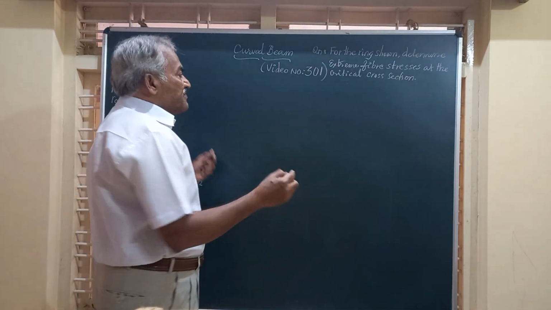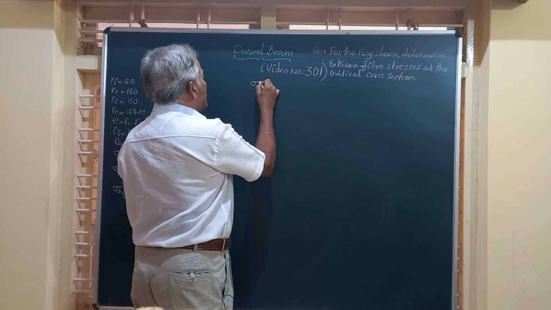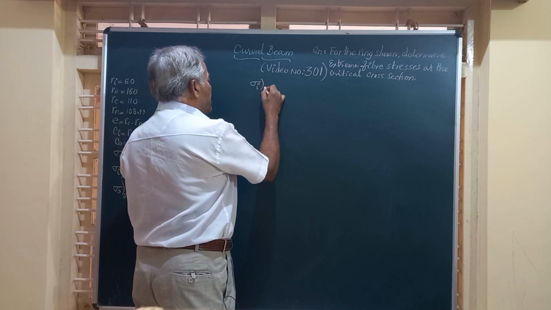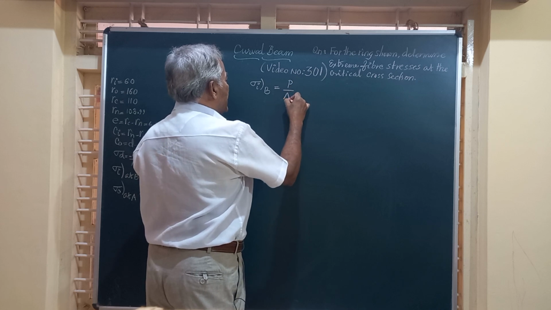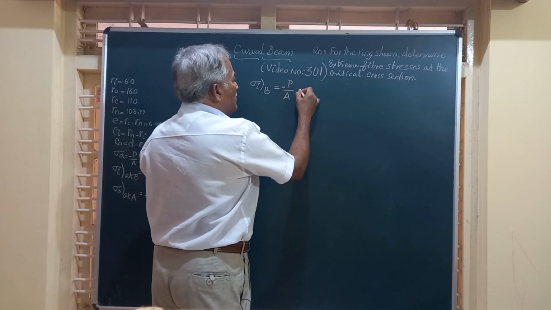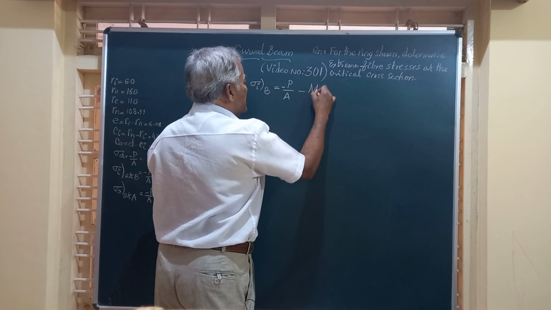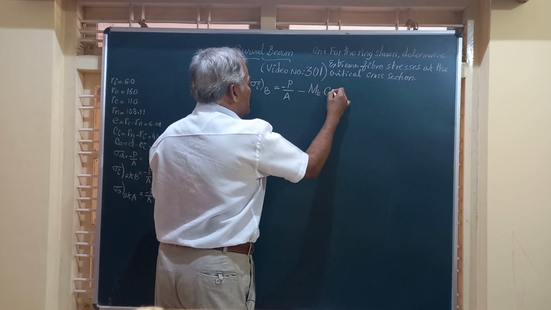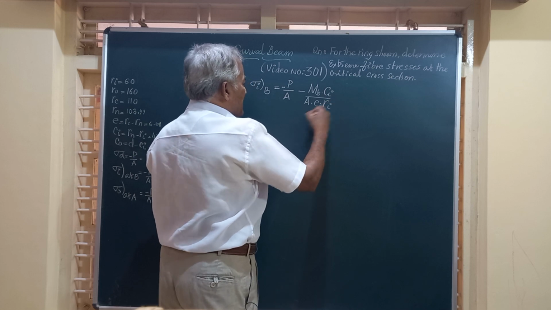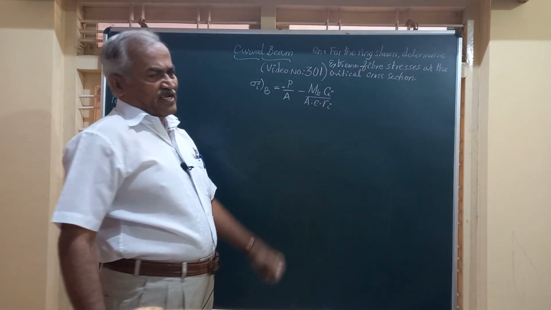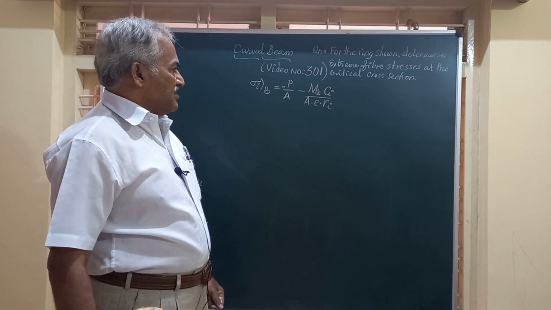So friends, the inner fiber is B. So I will say sigma I at B. The regular formula is P by A with a negative sign, minus MB CI divided by AER, because we are taking the inner fiber, all this should be with respect to the inner fiber.